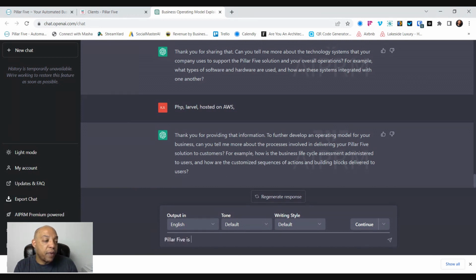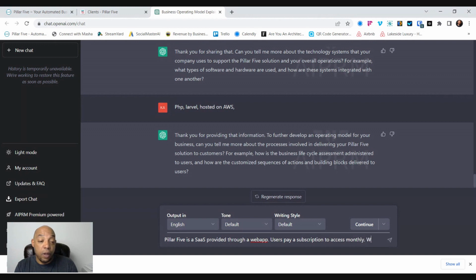Great. Check this out. Pillar Five is a SaaS, and I'm not going to tell it what a SaaS is, right? For you all, it's software as a service. Pillar Five is a SaaS provided through a web app. Users pay a subscription to access monthly.